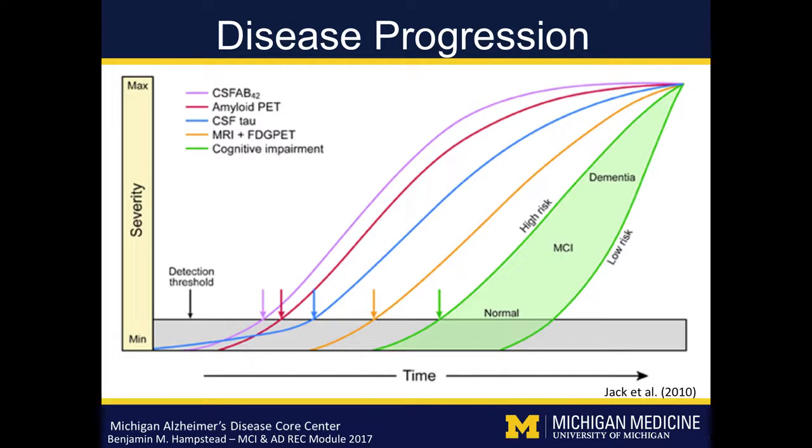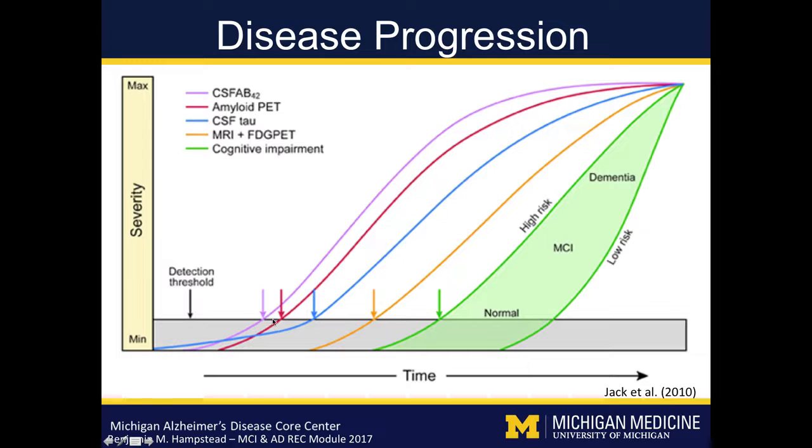This is one of the initial efforts by Jack and colleagues to characterize the progression of the disease in Alzheimer's. If you think about the x-axis as time and the y-axis as the severity of the disease process, you can see that amyloid, following the amyloid hypothesis, comes on early in the disease course, even when somebody is functioning very well.